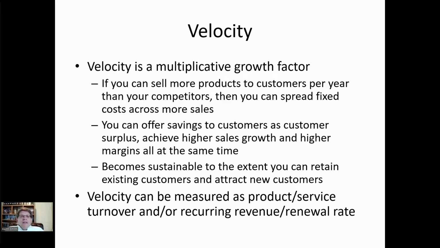The velocity can become sustainable to the extent that you can retain existing customers and attract new customers, and that's a key aspect behind this. One of the key things a lot of retailers look at is the repeat amount that people are buying. Tracking customers with the technology today, you can provide a lot more stickiness. And in the case of Asbury, they have services they can provide after the sale.